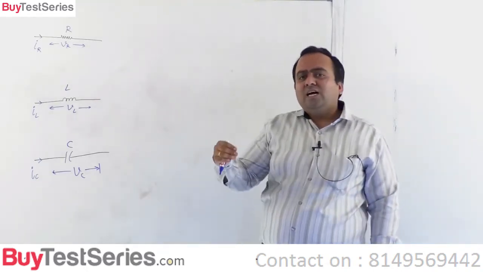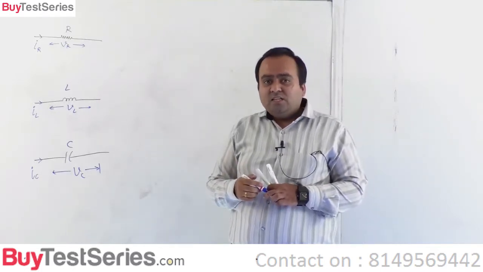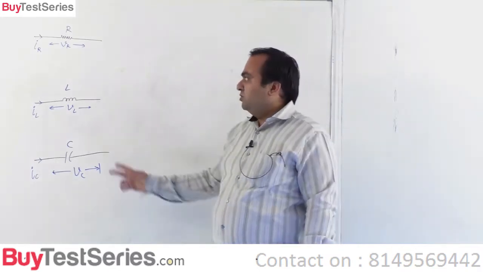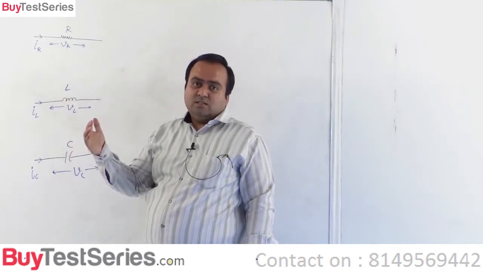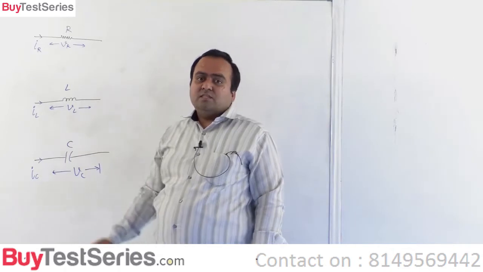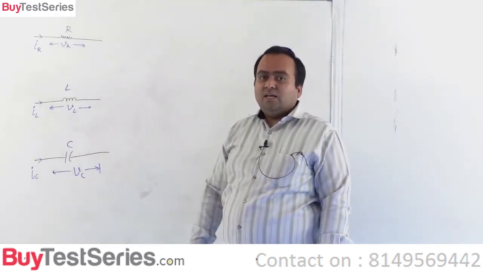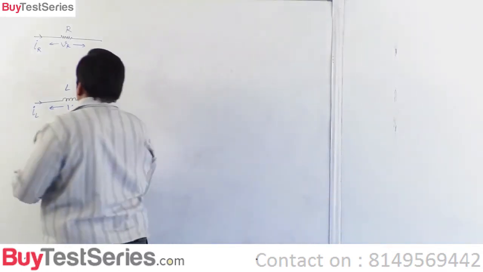Although polarities are indicated in special cases that we shall see while solving the numerical problems, we shall maintain this practice that we will not show the polarity so long as it is not very necessary. The voltages will be written without any polarity. Is this okay?